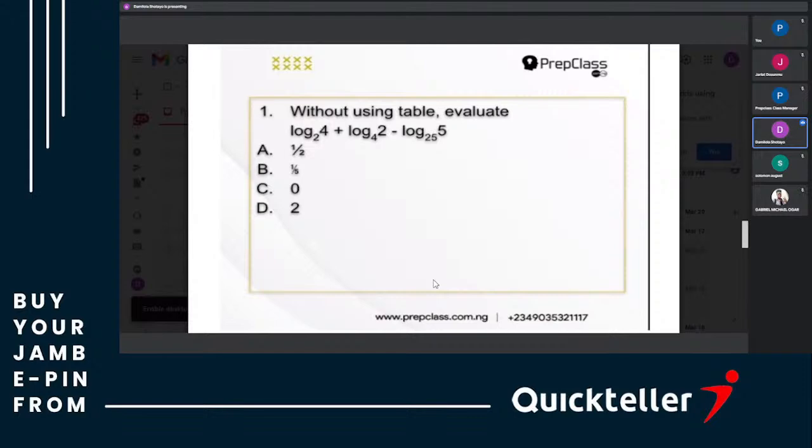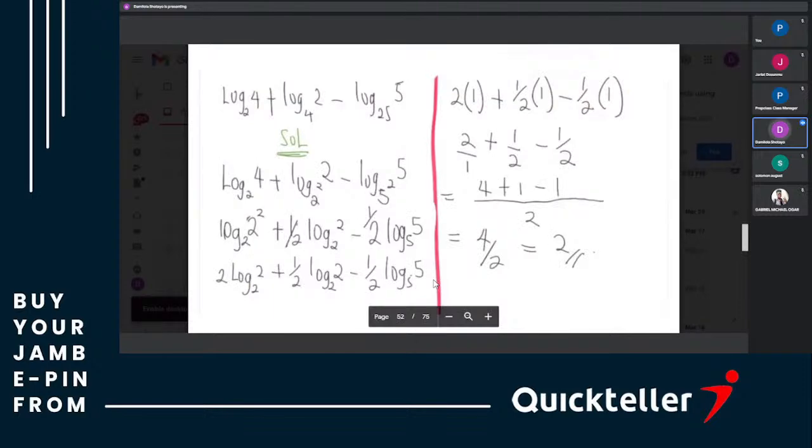Okay, so I have log 2 of 4 plus log of 25. The first thing is, I can make 4 become a log. You cannot multiply them if they are not logs. You can only multiply logarithms.